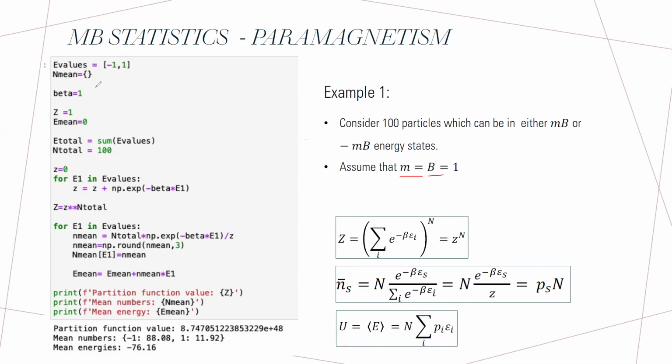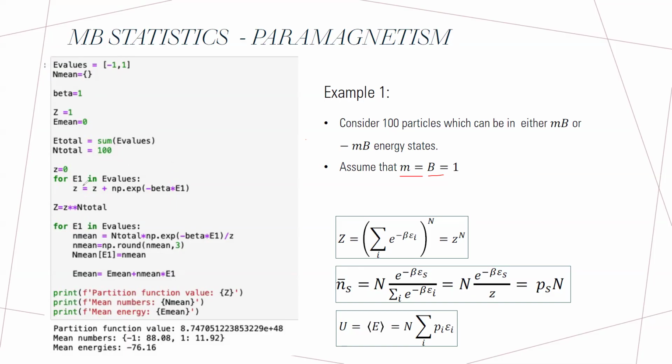And we have some dictionary for mean n values of each energy state, and we consider beta as 1 to make it easier, and we can calculate the total energy by calculating the sum of these energies, and total number of particles is 100. So in total denotes the number of particles in this program.